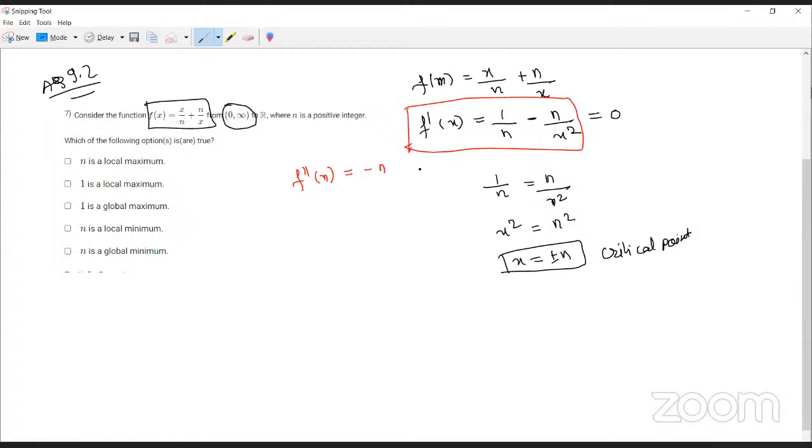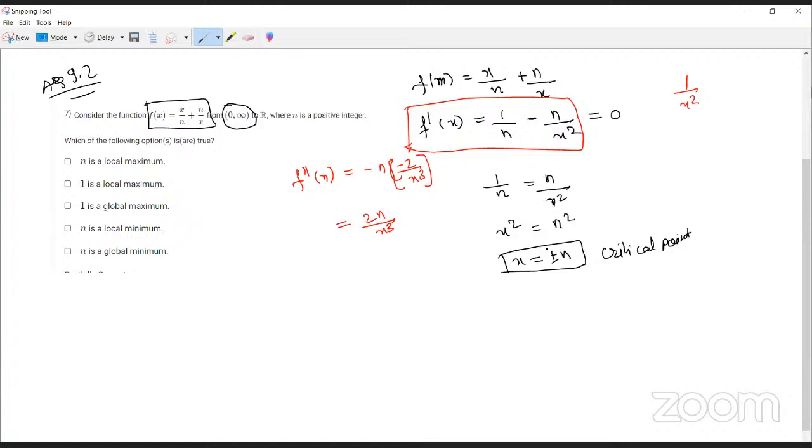Now minus n, what is the derivative of 1 by x square? Minus 2x raised to minus 3. So minus 2 by x cube, right? So here I will get 2n upon x cube.